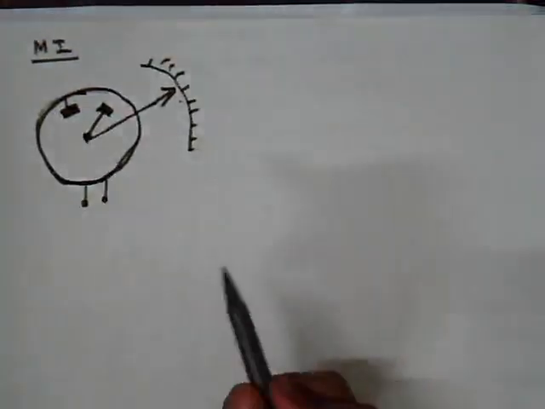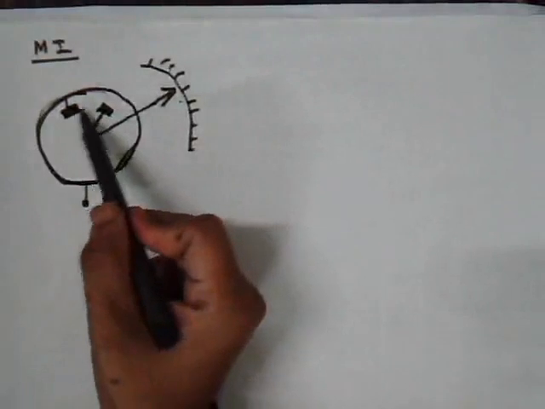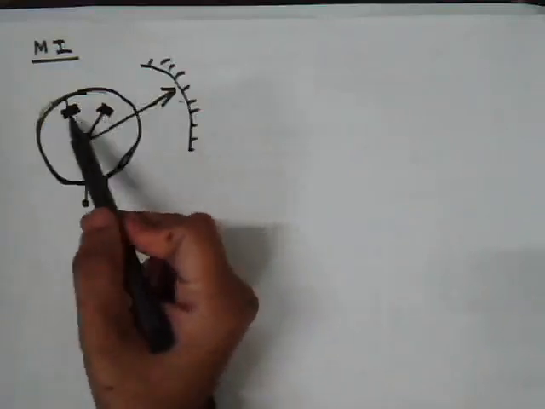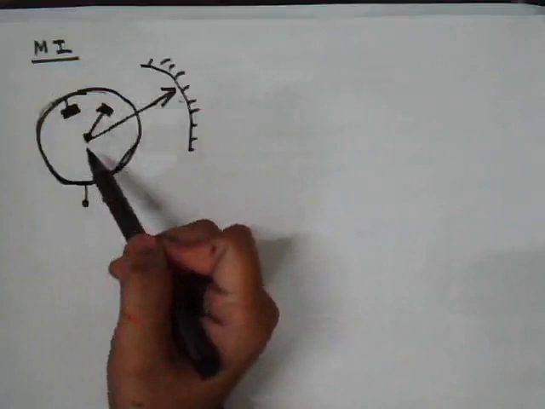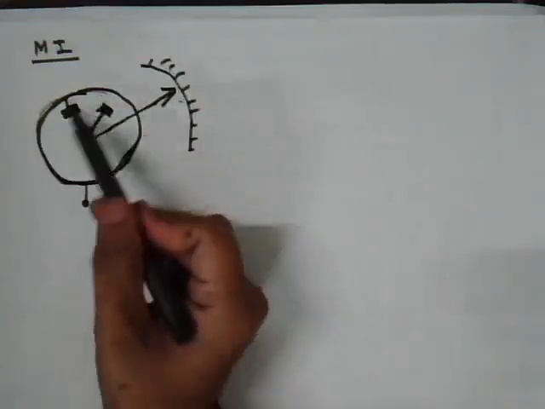And then we saw that the force of repulsion between these two is proportional to the amount of magnetization of these two iron bars, which in turn depends on the magnetizing current.